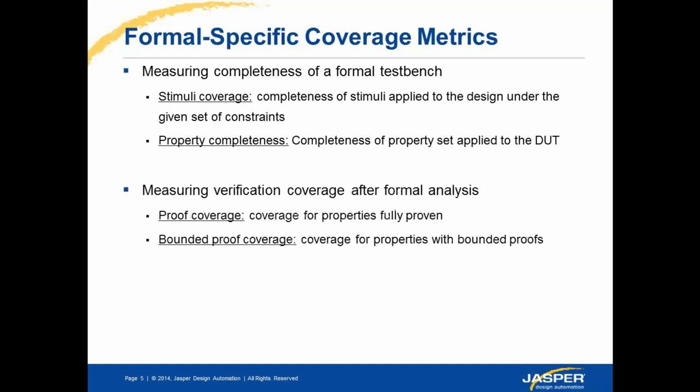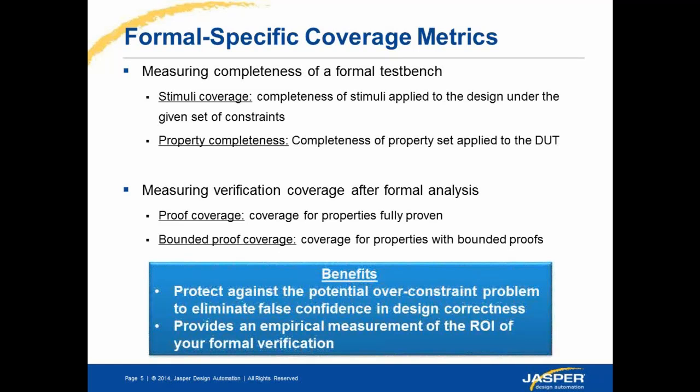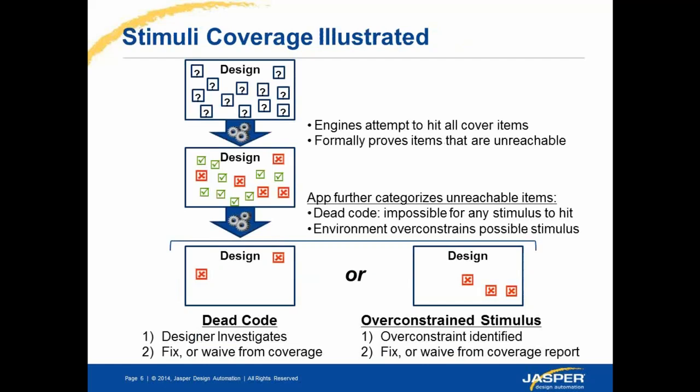And how much formal verification have I done so far? You can use proof coverage or bounded proof coverage to assess the amount of formal verification you have done on your RTL so far. And these metrics will be the focus of my presentation today.